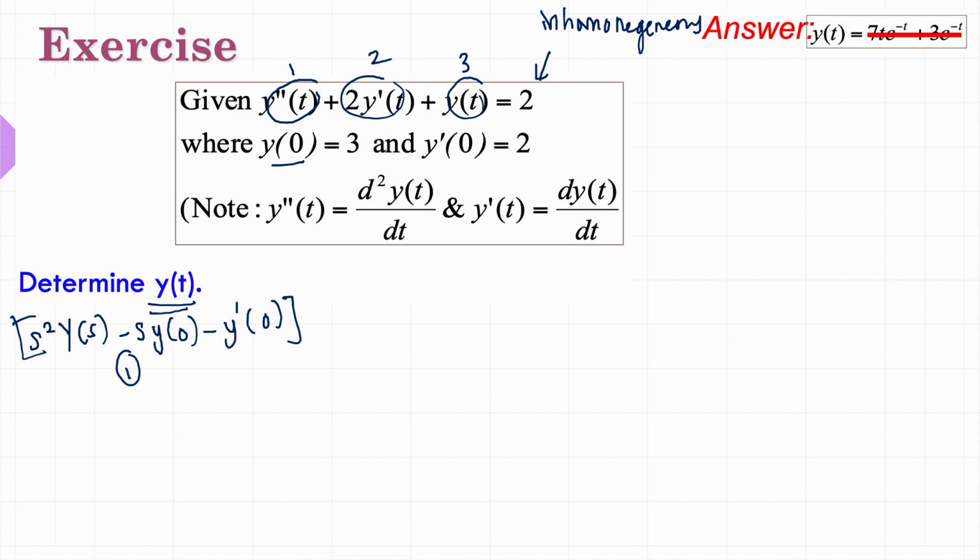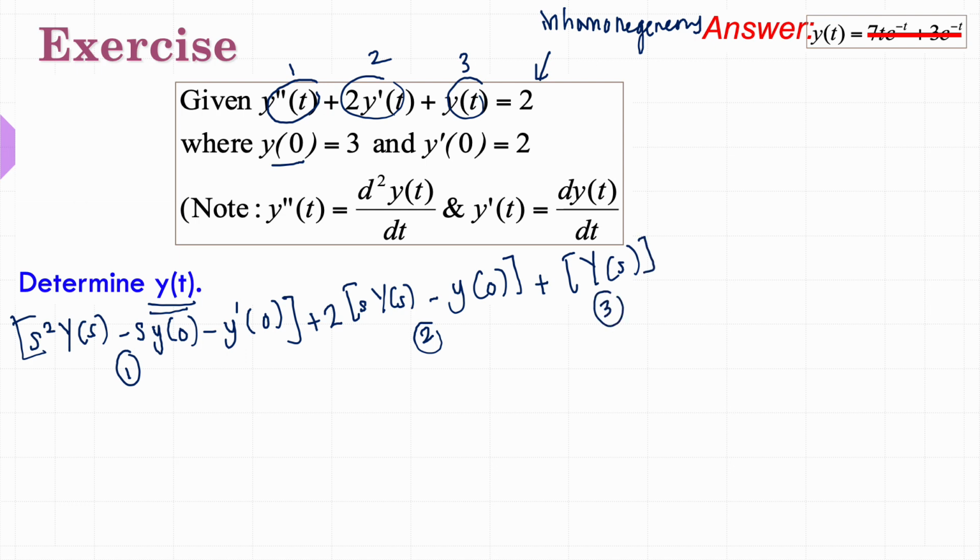This is for the first term, plus 2 for the second term, so it's going to be s Y(s) minus y(0). This is for the second term. And for the last one, plus Y(s).